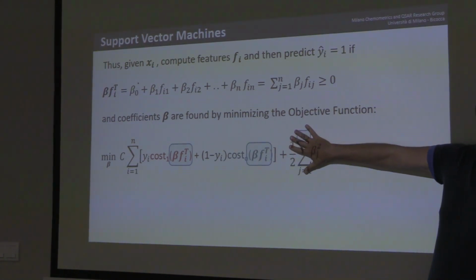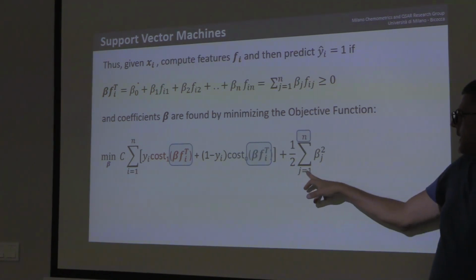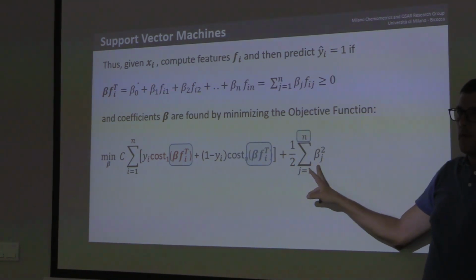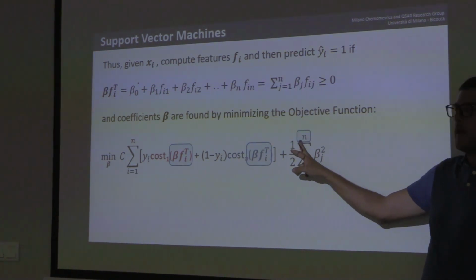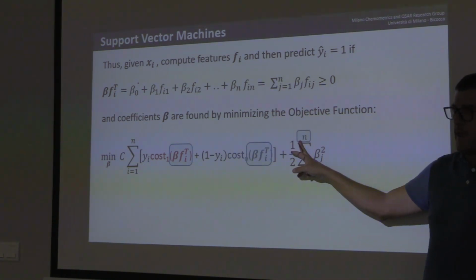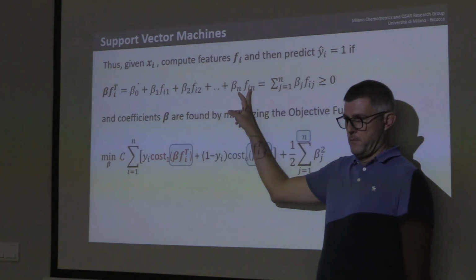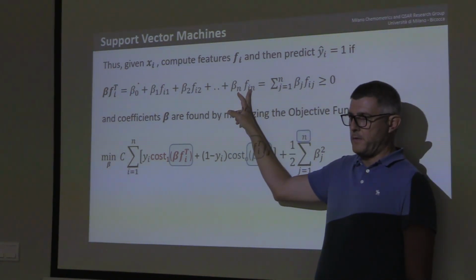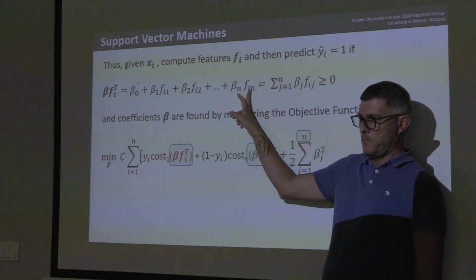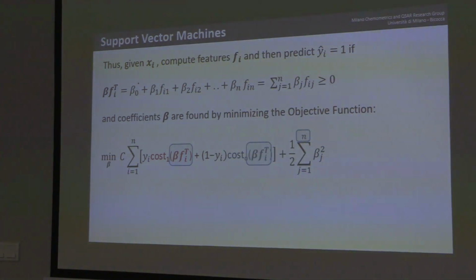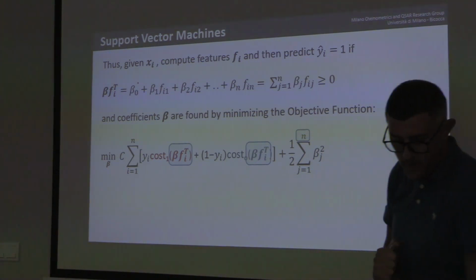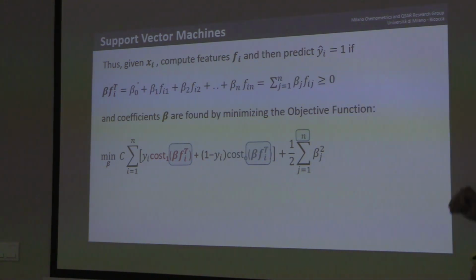You remember this term? This was the regularization term. Now, it's the same, these are the coefficients, but how many coefficients do I have? N, because I have n features, as many as the number of training samples. But in this way, things get more complicated.